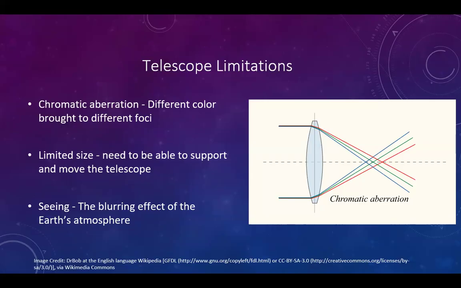And this is problematic because it blurs your image, spreads your colors out, which isn't great. But usually images taken for astronomy are taken in black and white. So the problem here is that it blurs your image. But it's a real problem in photography and anything else that uses images.